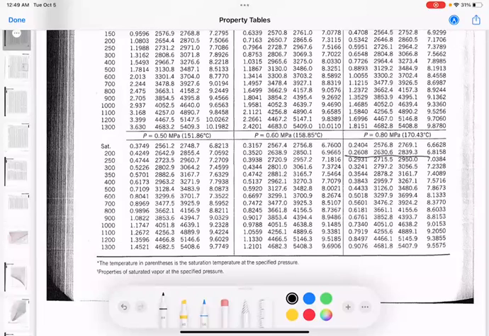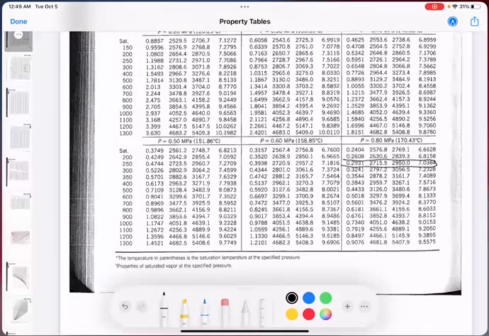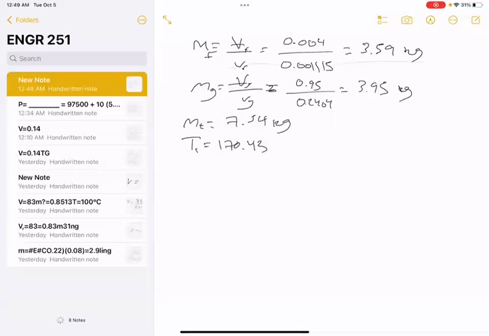So they want the volume, great. We know the specific volume is this first column, 0.2931. If they want the volume, all I have to do is multiply that by the mass, which we just found. So 0.2931 times the total mass, 7.54.